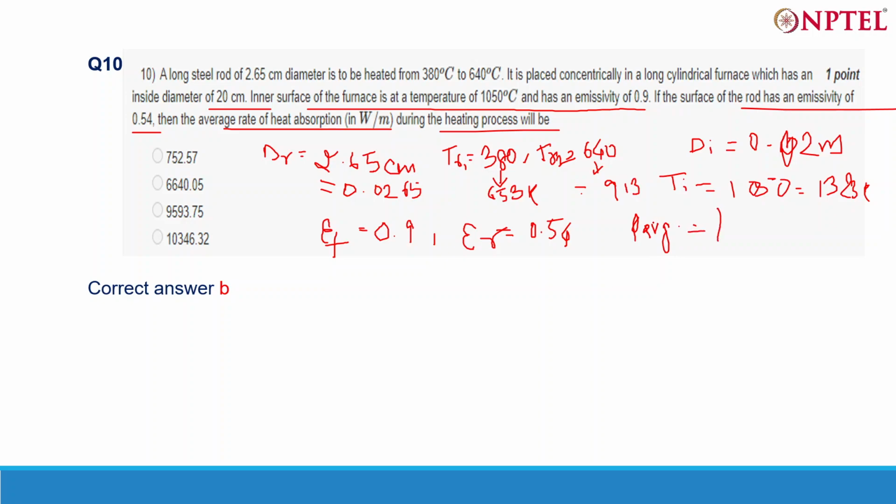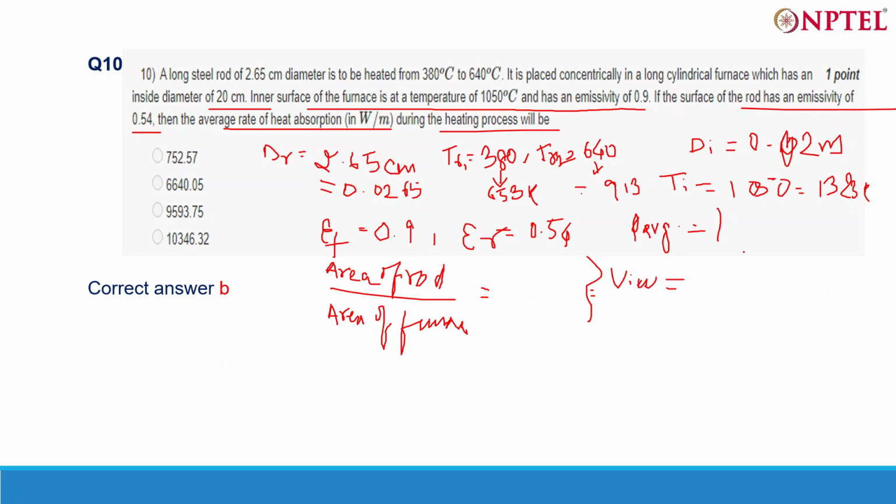So first thing is you have to obtain the area factor. So for that you need to know the area of rod upon area of furnace. Okay, so put the values, get the data. Now after you know the area ratio, you need to calculate the view factor.